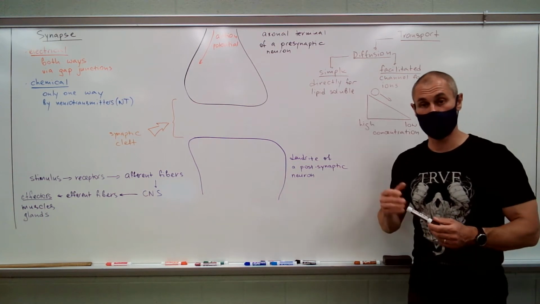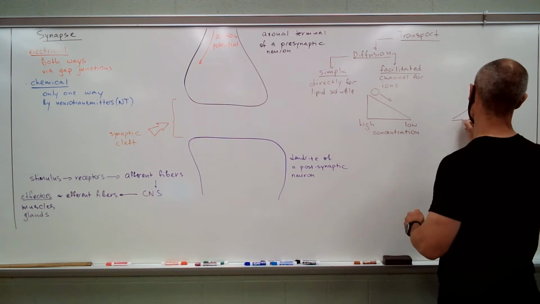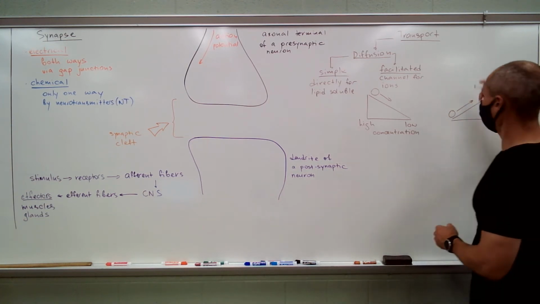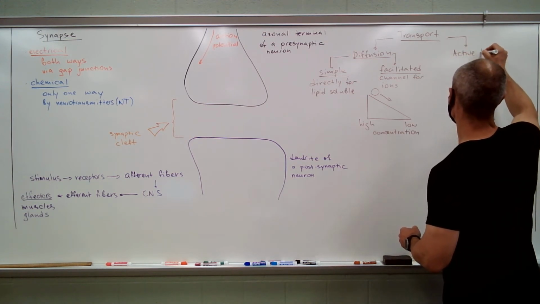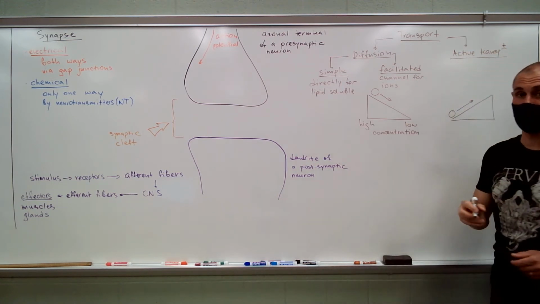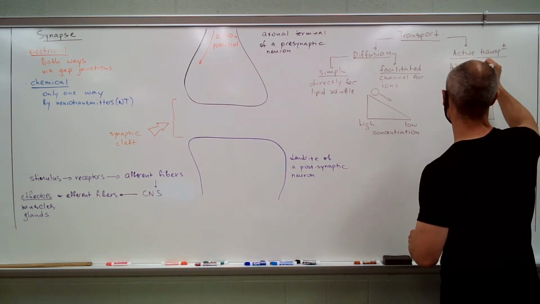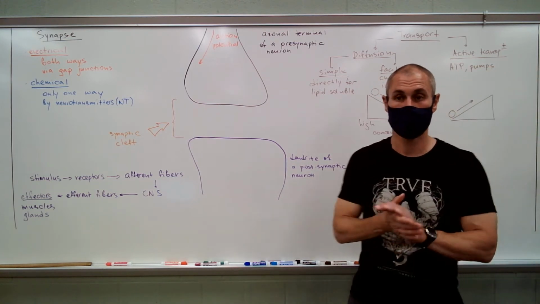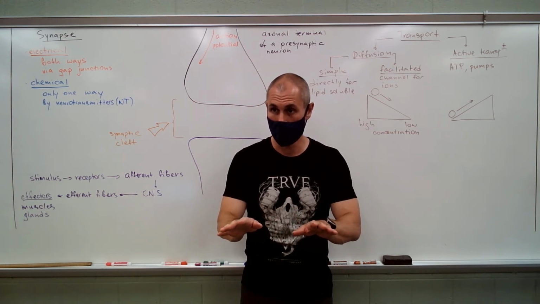But sometimes you need to push particles in the opposite direction, against the concentration gradient, sort of uphill. Okay? And this is called active transport. And active transport requires ATP and pumps. This is good so far?